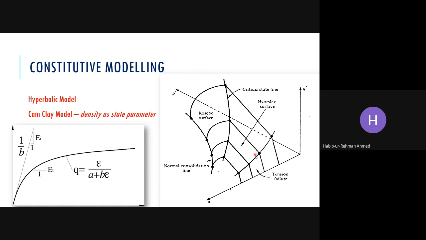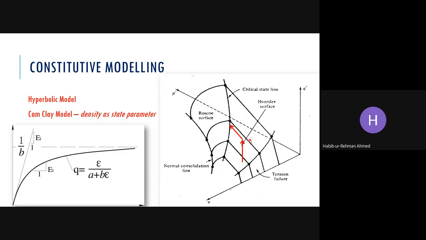Okay, so I'll just give you, for example, if the point is here, then it will move up till the time it touches the surface. It is in elastic state. Then it suffers plastic strains, starts suffering plastic strains as soon as it moves along the yield surface, and finally it reaches the failure.